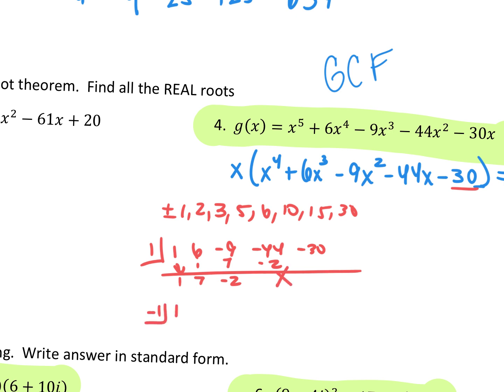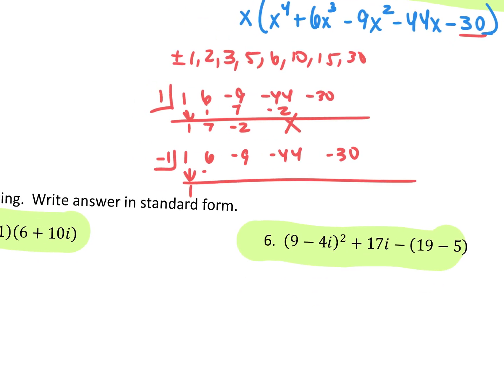Same thing. 1, 6, negative 9, negative 44, negative 30. Bring down the 1. 1 times negative 1, negative 1. 6 and negative 1 is 5. 5 and negative 1, negative 5. Negative 5 and negative 9, negative 14. What's negative 14 and negative 1?